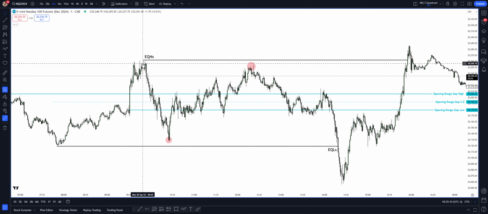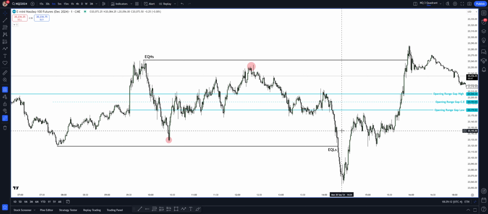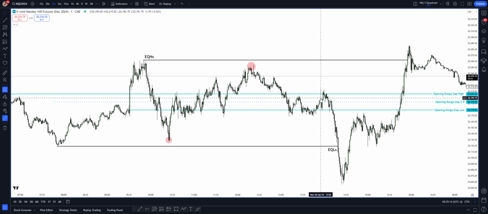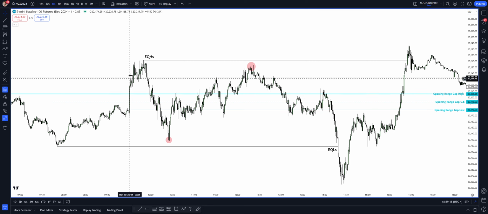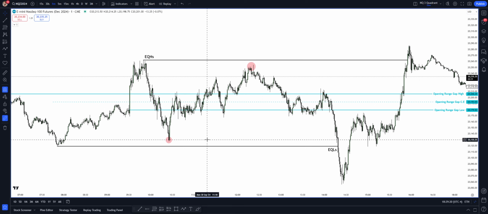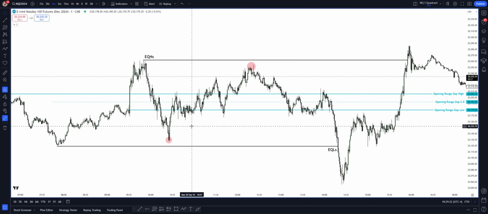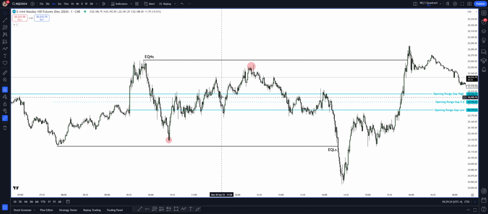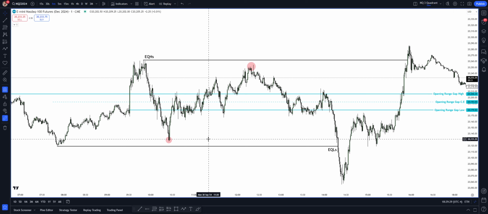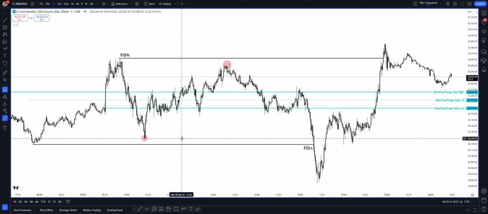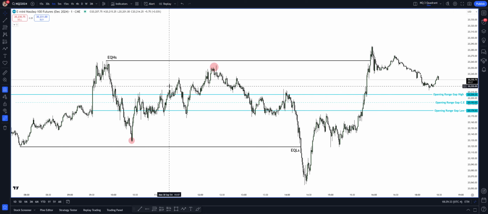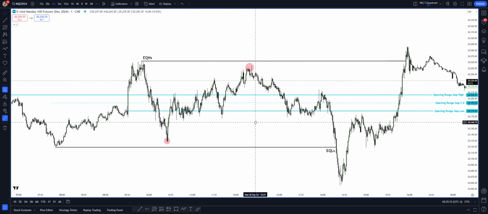It formed this range, and then until the Chair Powell speech, it stayed in that range and built liquidity. Today it ended up building both buy side and sell side liquidity, which means price accumulated in the morning session.